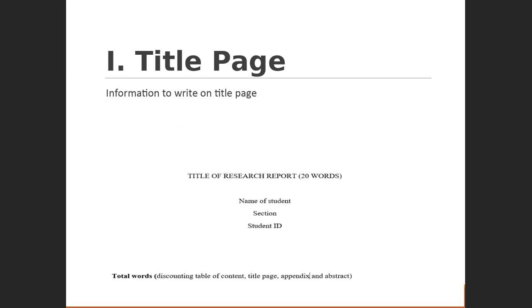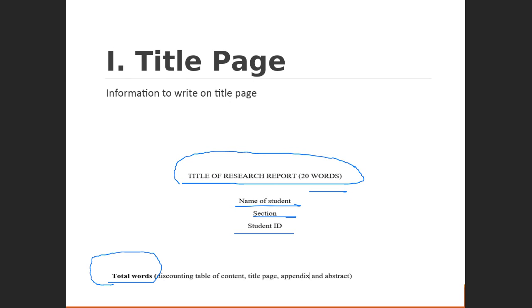So a title page should typically look like this. Your title of your research report in 20 words, your name, your section, your student ID, and at the end of your title page, you need to mention the total words in your research report, excluding table of contents, title page, appendix, and abstract. So if you exclude the word count of these four elements of your research report, what would be your total words?